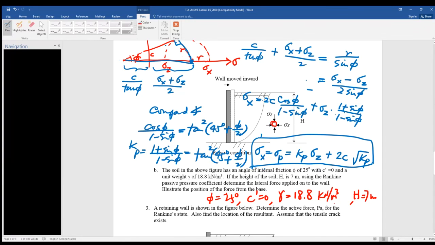So can you use that equation to determine the total lateral force?